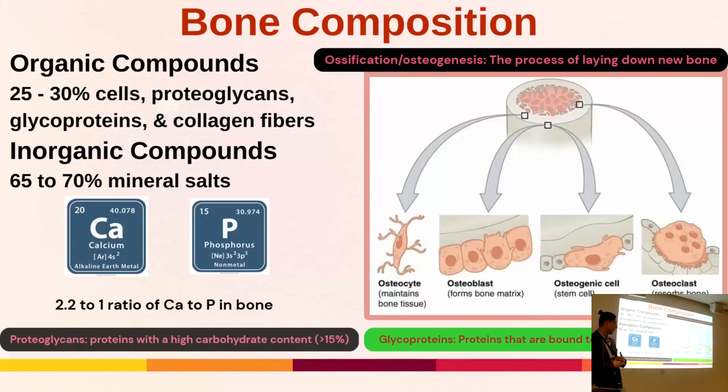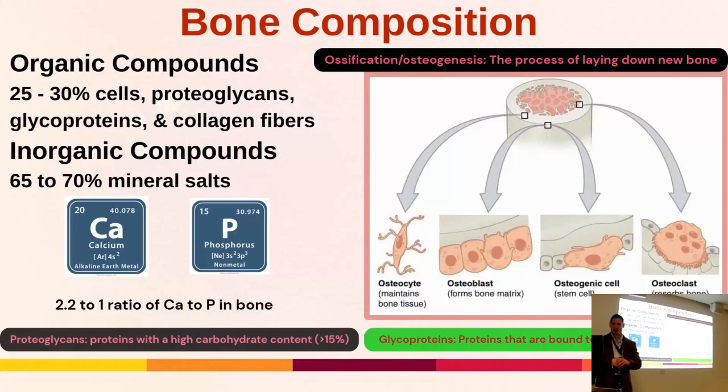The majority of calcium, around 99% of the body's content, is in the bone and the teeth. Phosphorus is not quite as much, but still around 75% of the body's supply of phosphorus is within bone. The other things within bone are proteoglycans, glycoproteins, and collagen fibers.